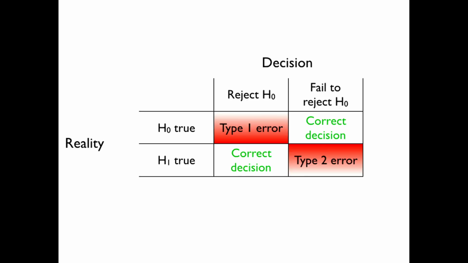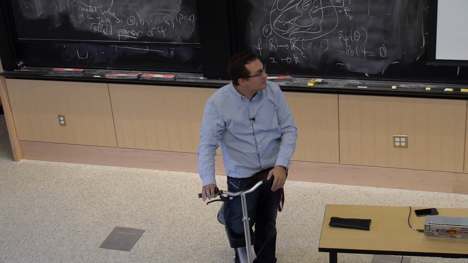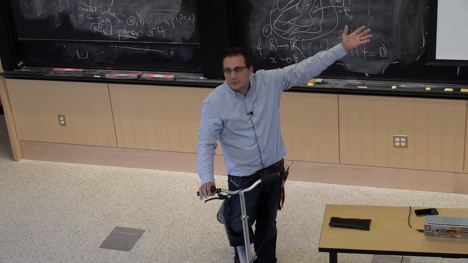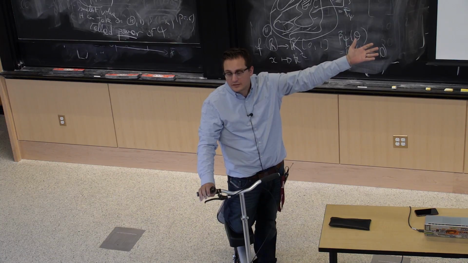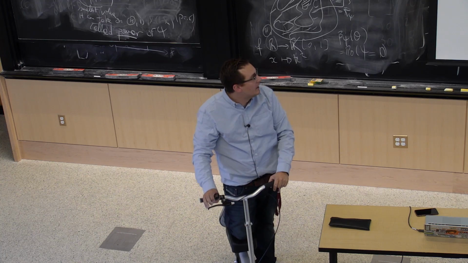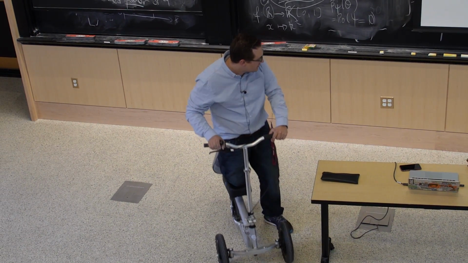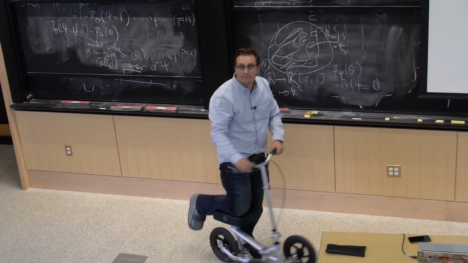So I only make errors when I'm in one of the red blocks, and one block is the type 1 error, and the other block is the type 2 error. That's all it means. Okay? So you just have to know which one we called 1. This was chosen in a pretty ad hoc way.